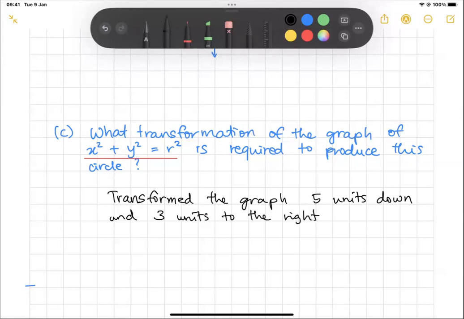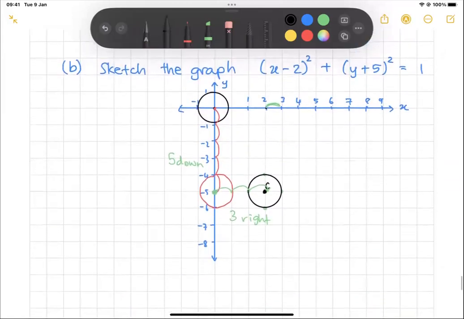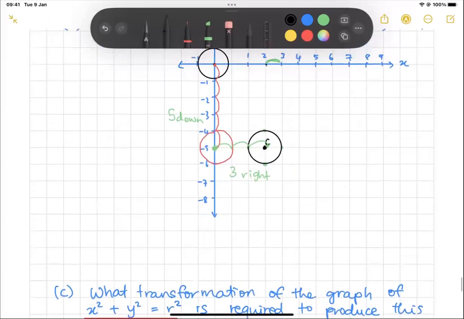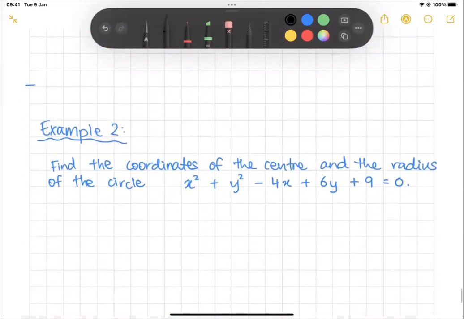It's basically an instruction guide on how to get from one place to my new circle. So where did my old circle come from, which is the one that has the center at the origin, and how do I move that circle to the new circle that I've drawn? Hopefully that makes sense.